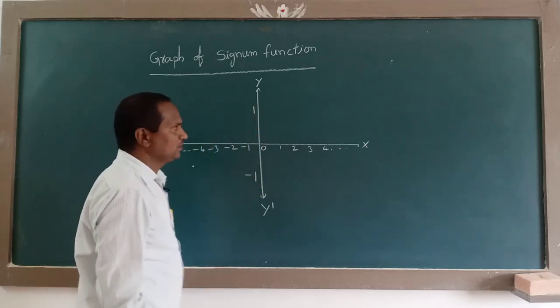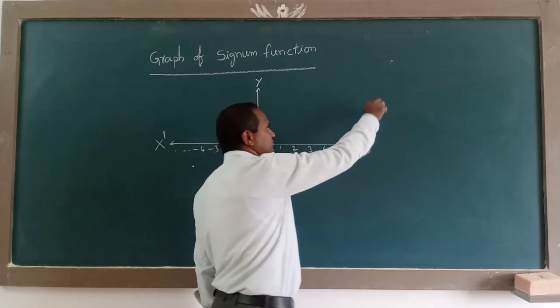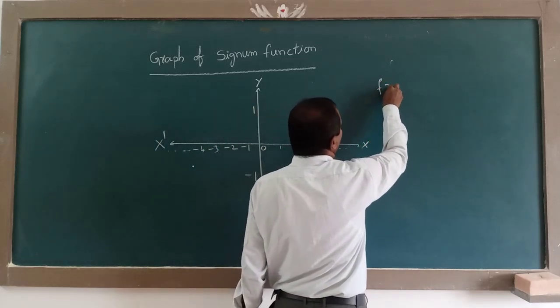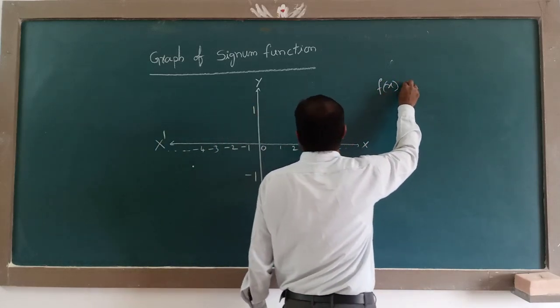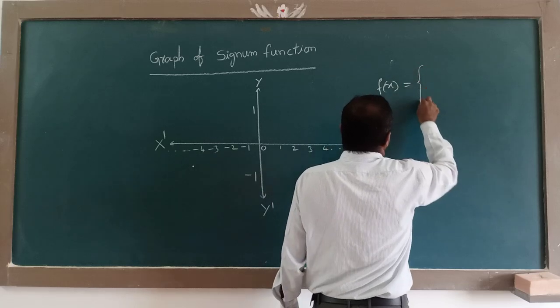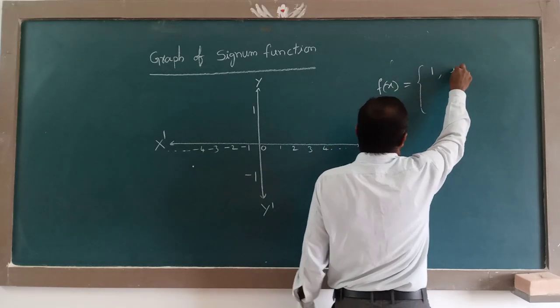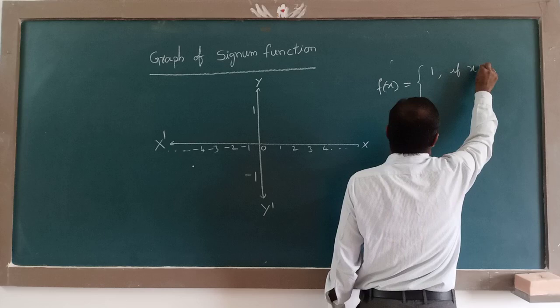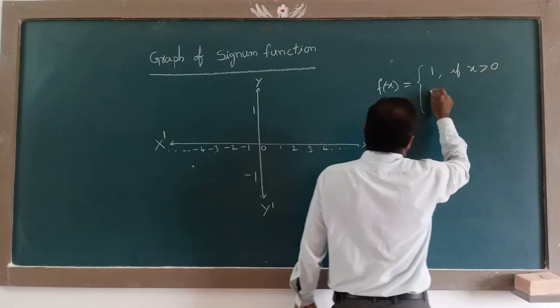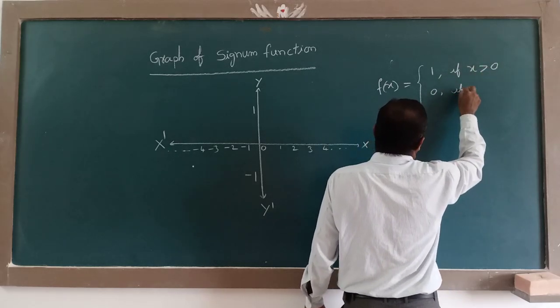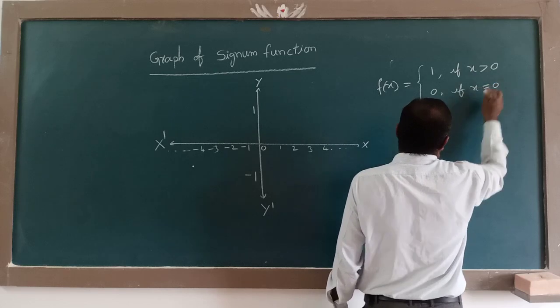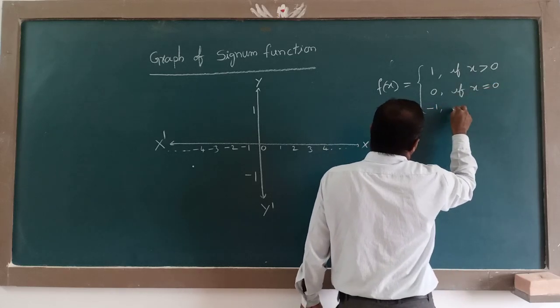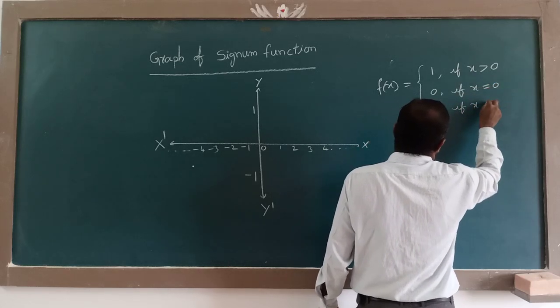Why? Because we already know the function values of the signum function: f of x is equal to plus 1 if x is greater than 0, 0 exactly if x is equal to 0, and minus 1 if x is less than 0.